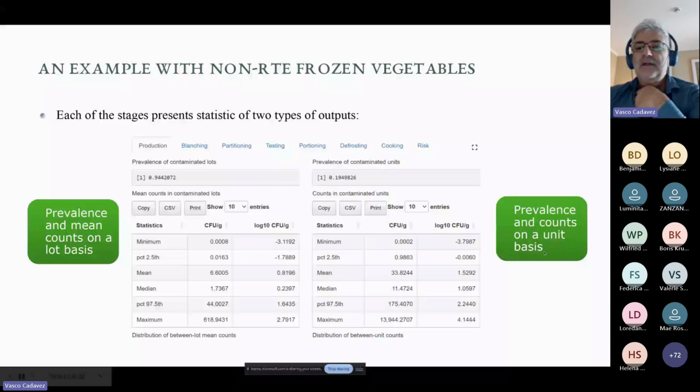Okay, so a unit basis can be 100 grams, half a kilo, 1 kilogram, and we can define that, and then we have the contamination of the prevalence for a lot data, and we have for the units. You can see the prevalence of contaminated lots, the prevalence of contaminated units, and of course also the mean counts, in this case for between lot, what we call between lot. In this case, this is the between unit count.